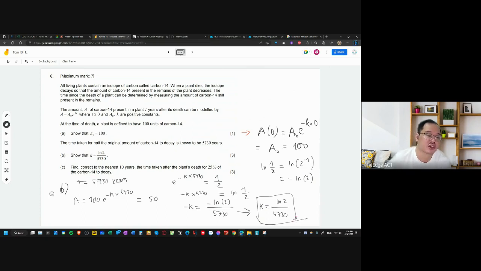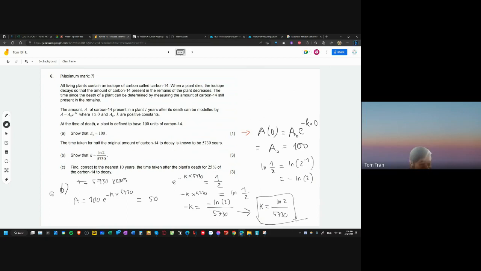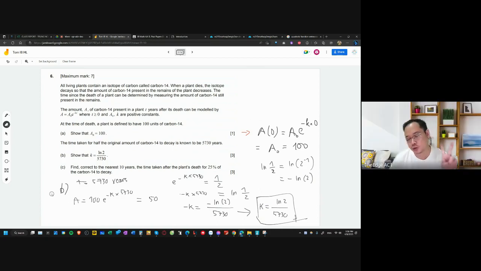And it's not yet section B. Section B is the last two questions, 8 and 9. Find the time taken after the plant's death for 25% of carbon-14 to decay. This is also easy, very similar to a physics problem. 25%, so it takes 2 half-lives, which means 2 times 5,730.